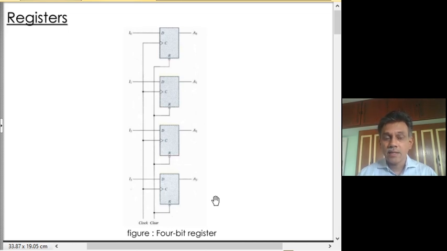So this may result in a condition where we may not be able to predict exactly how the circuit behaves. For these reasons, we want the operation to be synchronous. Synchronous in the sense that all the flip-flops in a given logic circuitry should change at the same time, synchronously. That is why the entire class of these circuits are called synchronous sequential circuits.